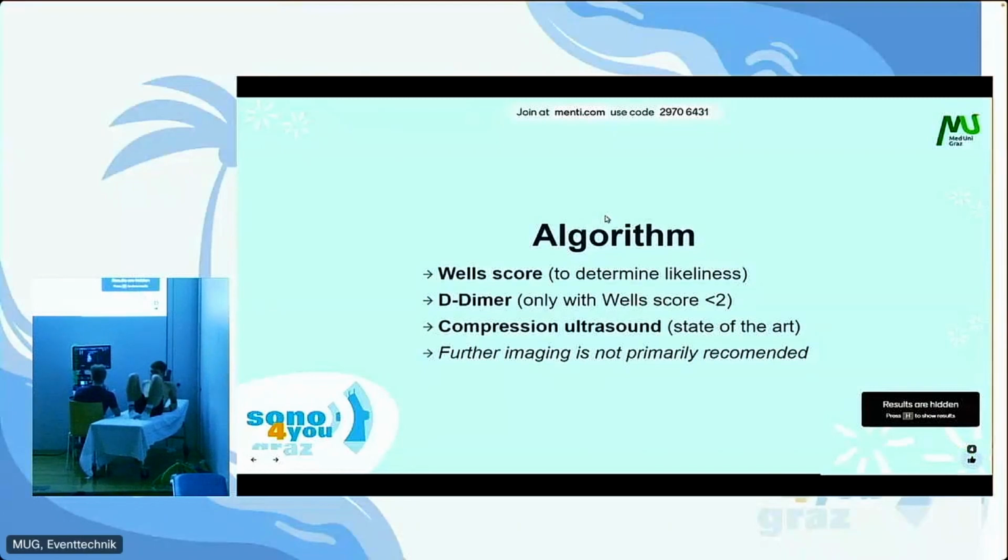And further imaging, for example with MR angiography, is not primarily recommended. Only if the compression ultrasound is inconclusive, or if you're preparing for an operation, then MR is indicated, but not primarily.